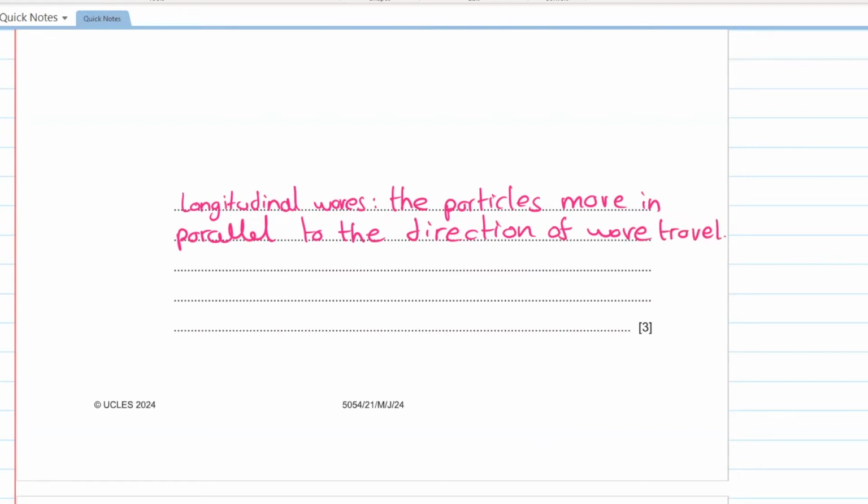In longitudinal waves, the particles move what? In parallel to the direction of wave travel.